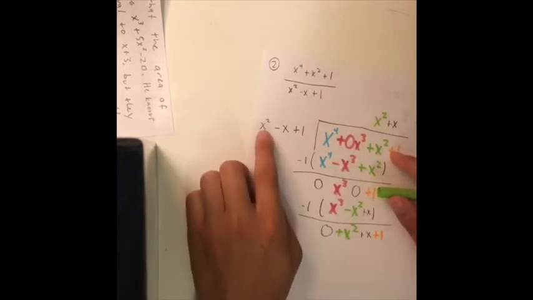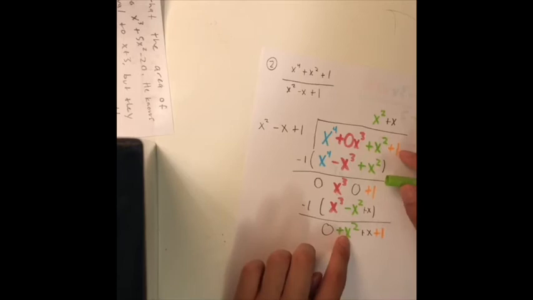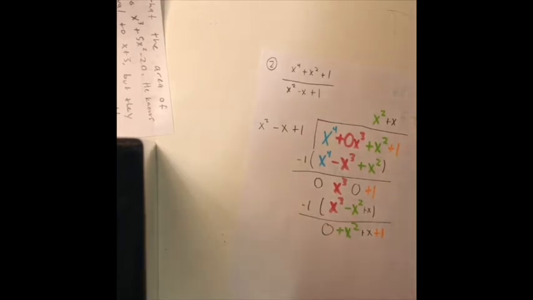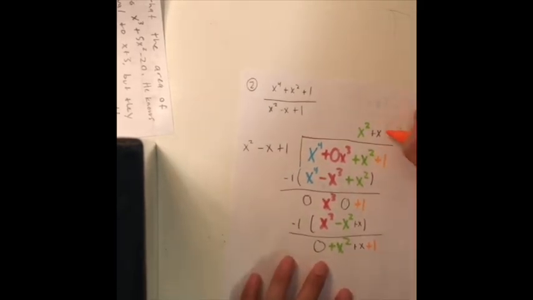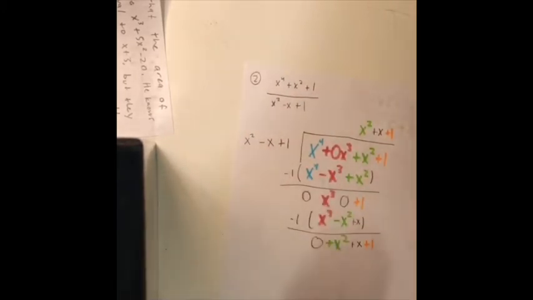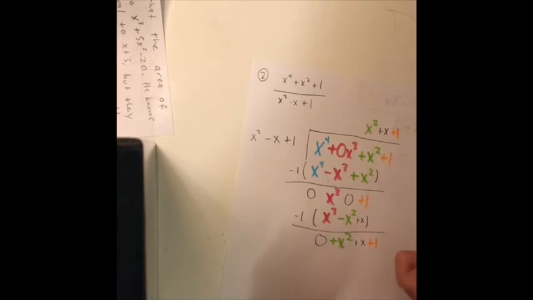And so now you're going to want to repeat the process again. And I think this will actually be our last time repeating the process. So how many times does x squared go into x squared? 1 time. So we write that 1 time. And now we multiply +1 by each term in this expression. 1 times x squared is x squared.